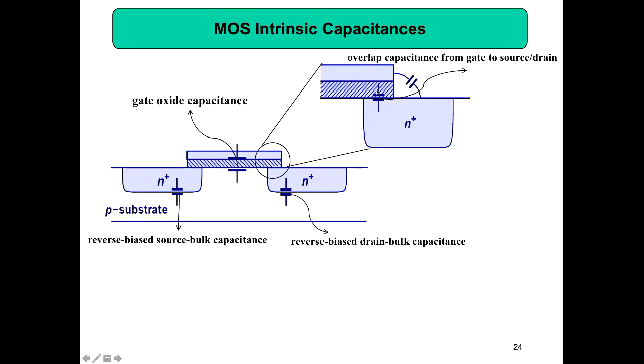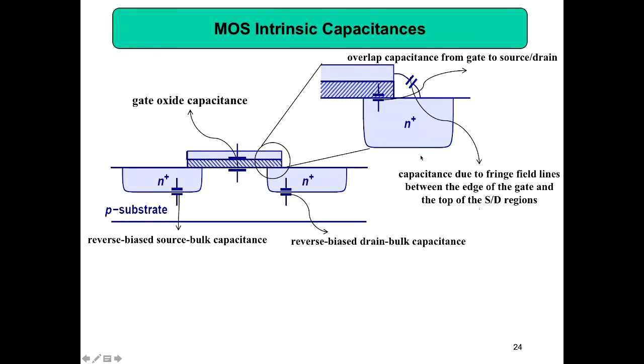This is called overlap capacitance from gate to source or drain, because this is applicable here as well. This is the overlap region between gate and drain, and here between gate and source. Overlap capacitance. This capacitance is due to fringe field lines between the edge of the gate and the top of the source or drain region.